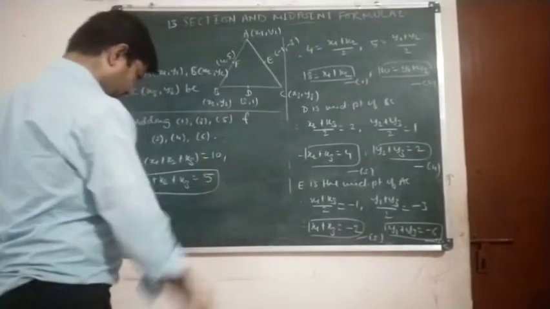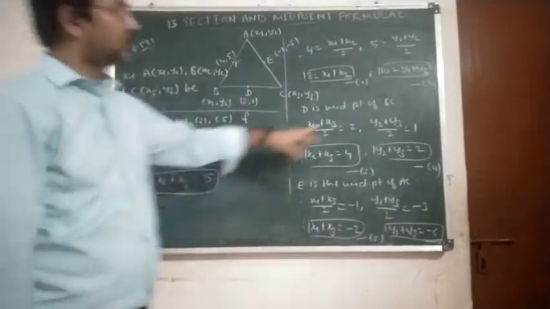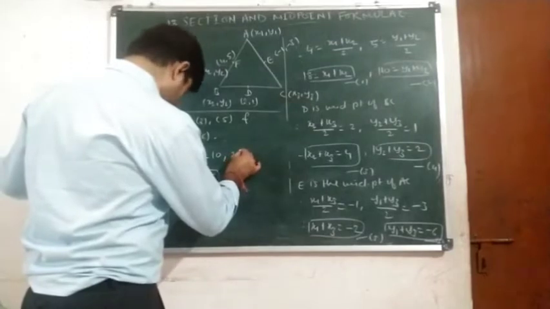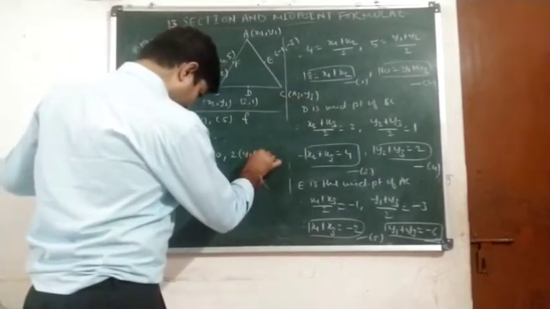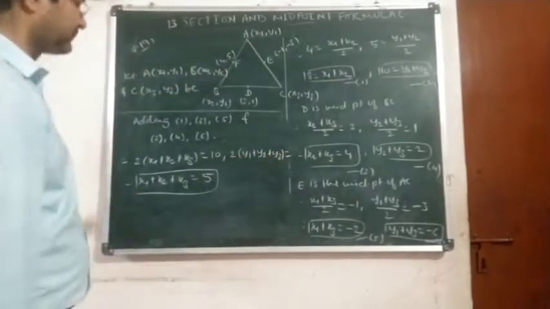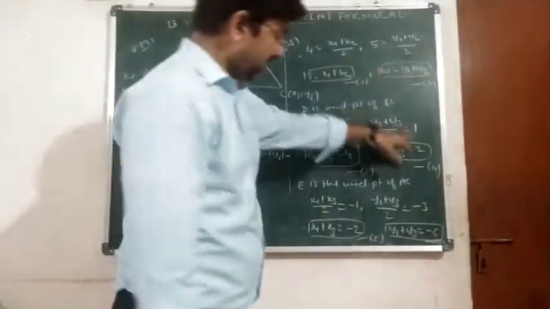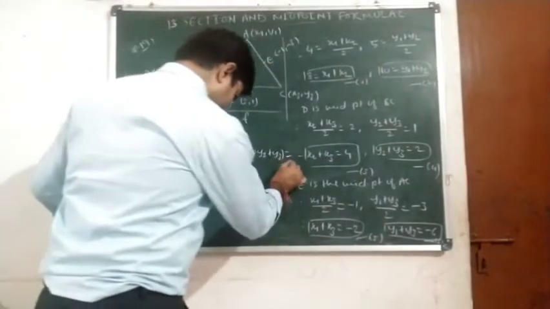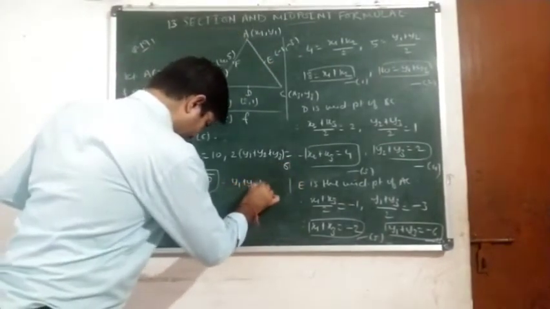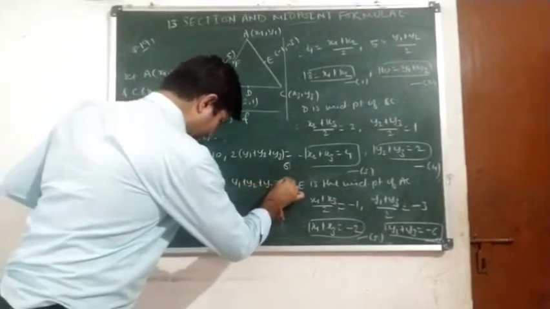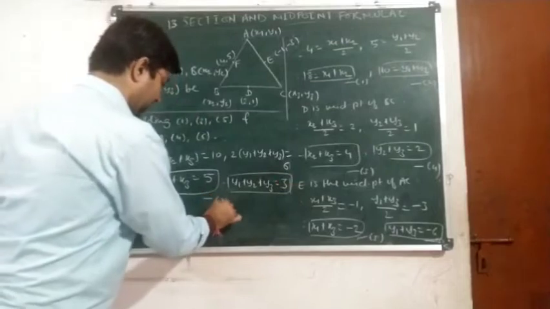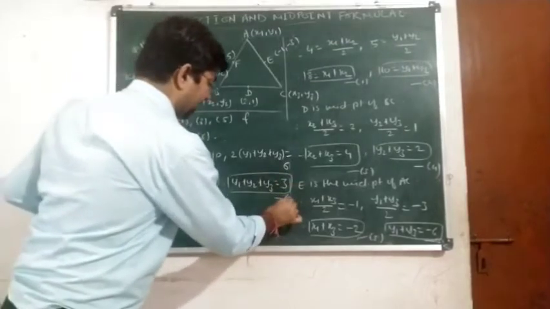Similarly, adding 2, 4, 6, 2y1 plus 2y2 plus 2y3, we will get 2 into (y1 plus y2 plus y3) is equal to 10 plus 2, 12, 12 minus 6, 6, and therefore y1 plus y2 plus y3 is equal to 3. Let us number them as 7 and 8.